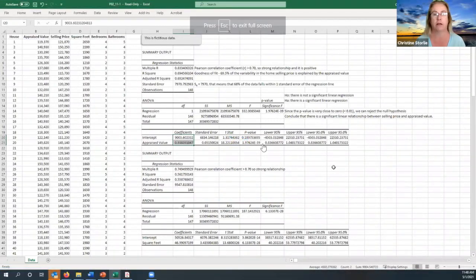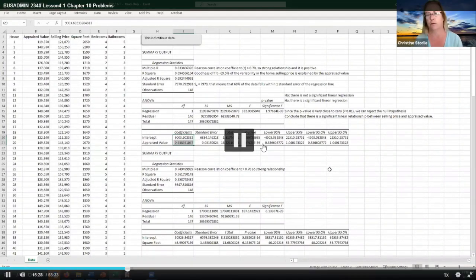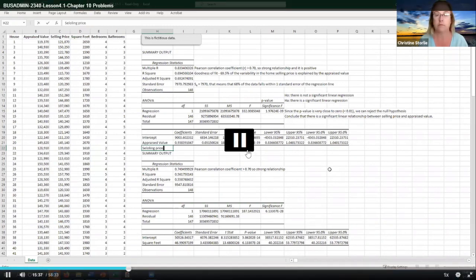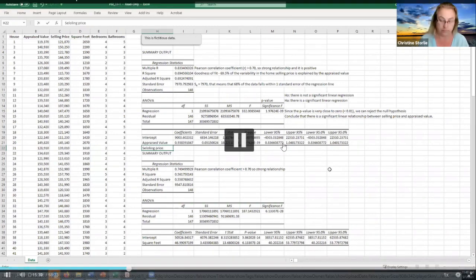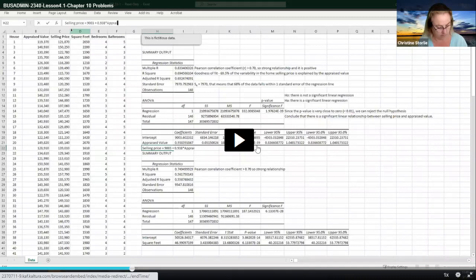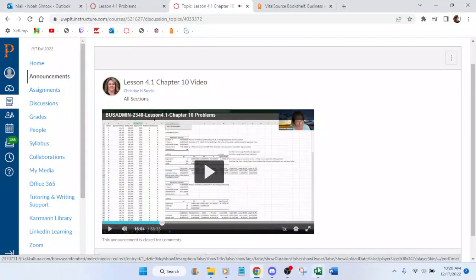Oh man. Right here are the coefficients for our regression line. So this is basically saying that the selling price is equal to that number plus that number.